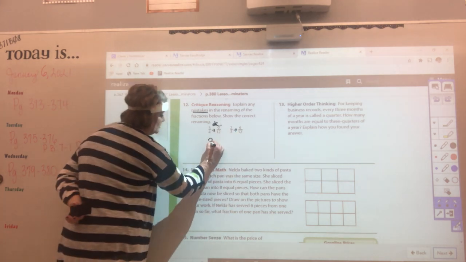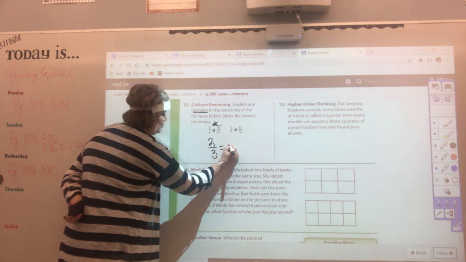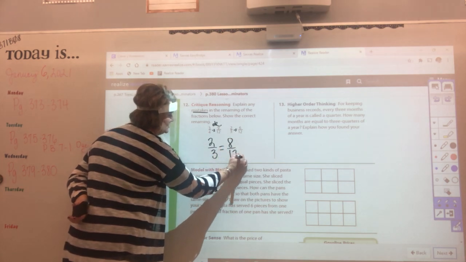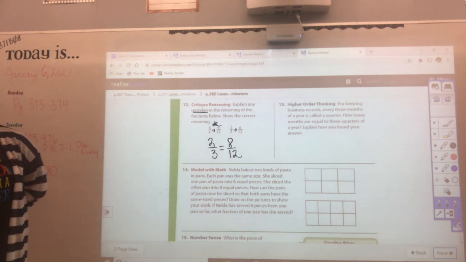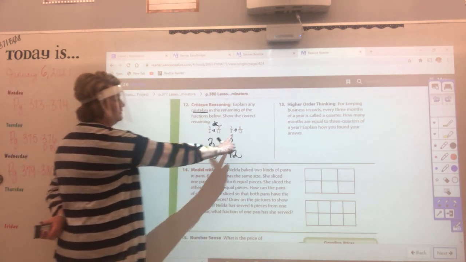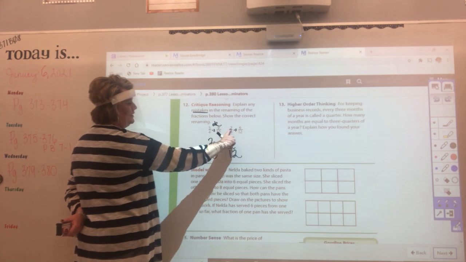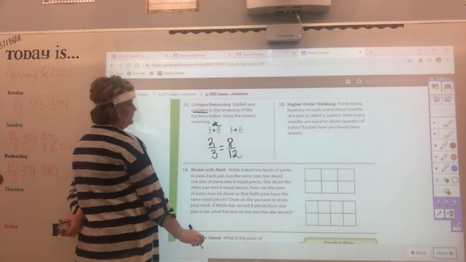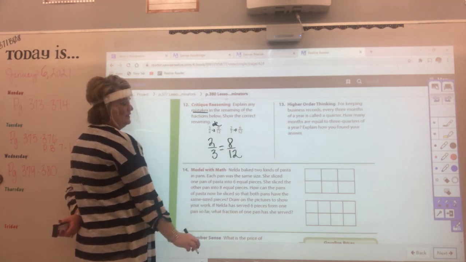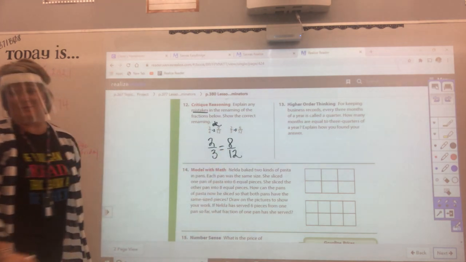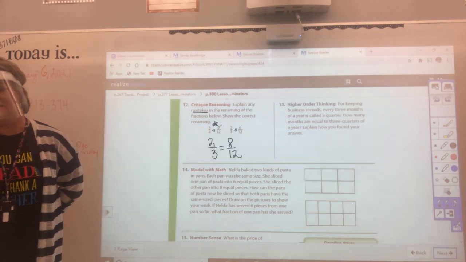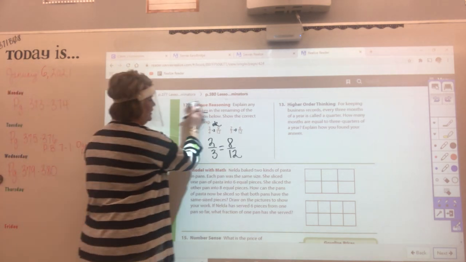So 2/3 really was supposed to be 8/12, not 6/12. How did they get 6 right here? What did they do? They multiplied. No, they didn't multiply. They added. 2 plus 4 gets you 6. You're not supposed to add, you're supposed to multiply, okay? That's their mistake. Okay.